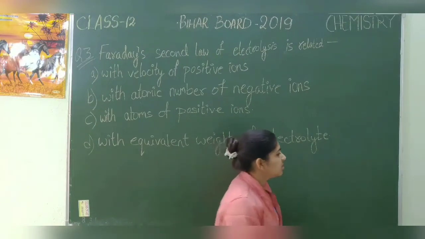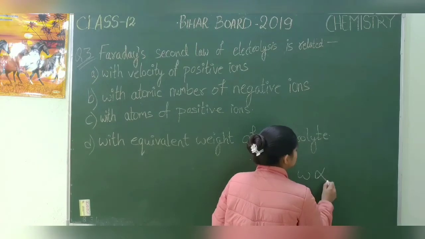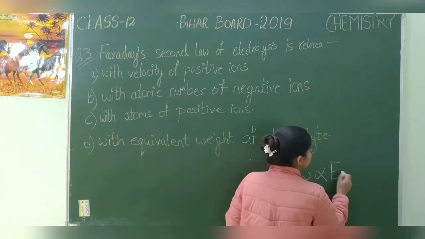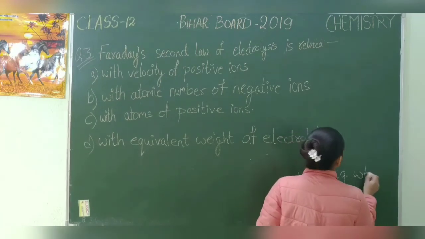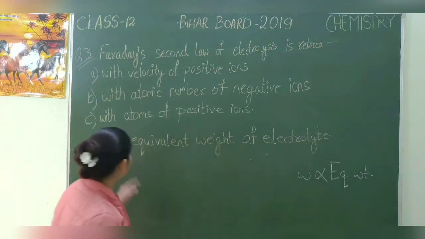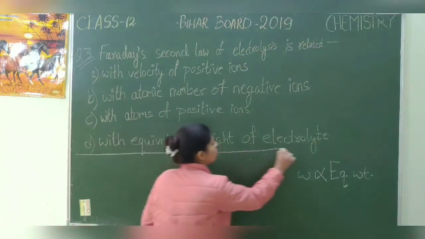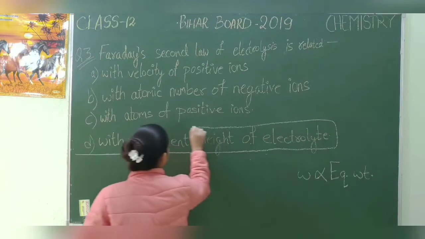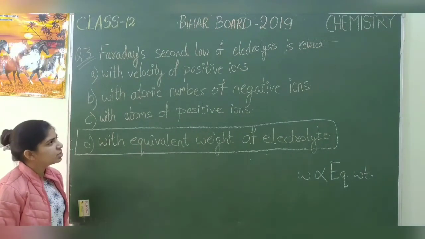It means the mass of a substance is proportional to their chemical equivalent or equivalent weight. So with equivalent weight of electrolyte, this is our option. Now you can take a screenshot.